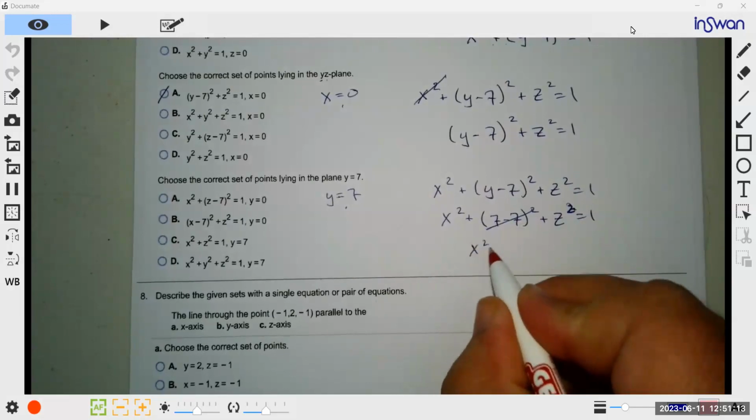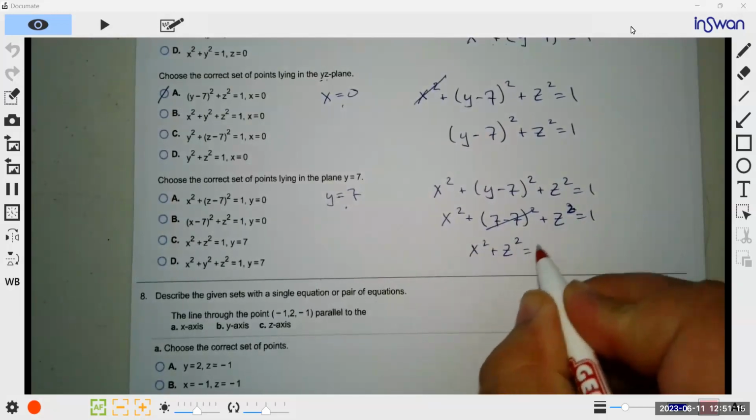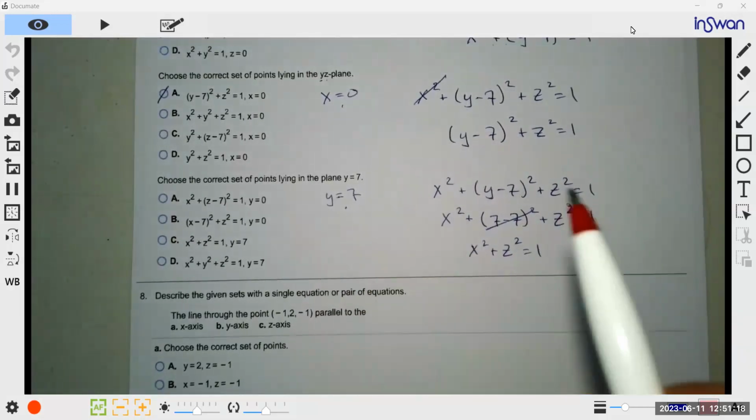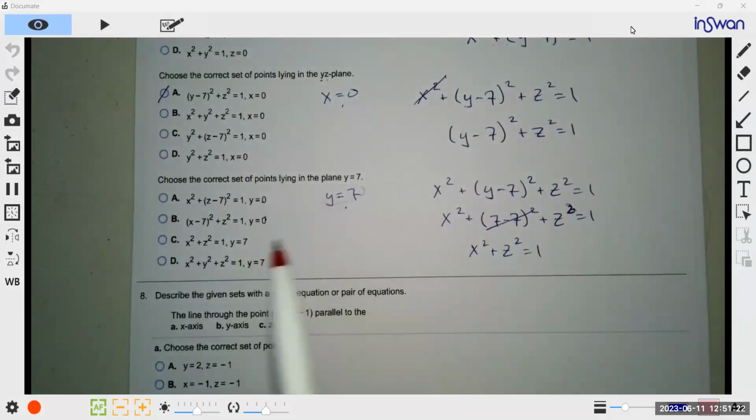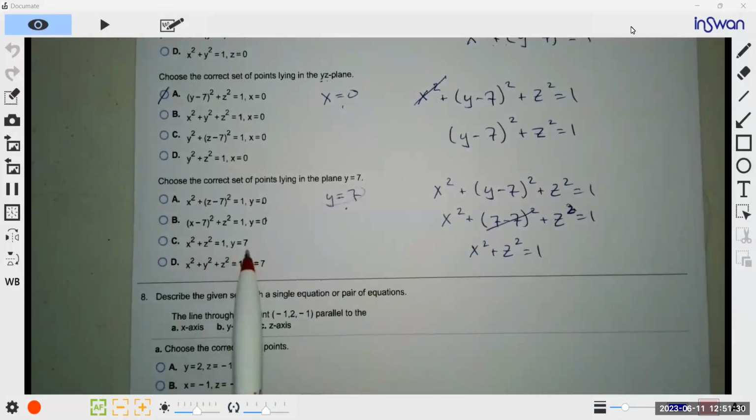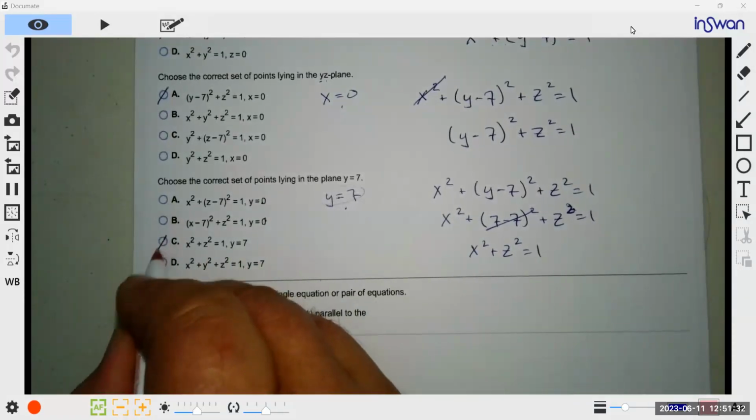So we have x squared plus z squared equals 1, and y equals 7. So it can't be these two because of y. It tells us y equals 7. So it's got to be C or D. x squared for y equals 7? No, so it's got to be C.